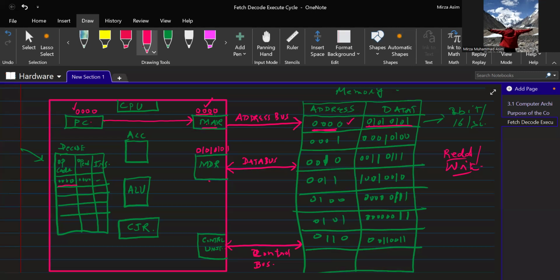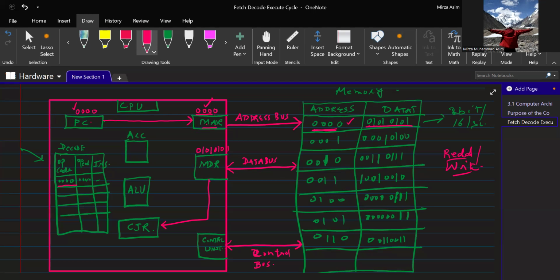Okay. So the data is transmitted from memory to MDR. Now MDR copies this data to the CIR register, the current instruction register. So this instruction is copied over here at CIR. That is the place where the data is decoded.